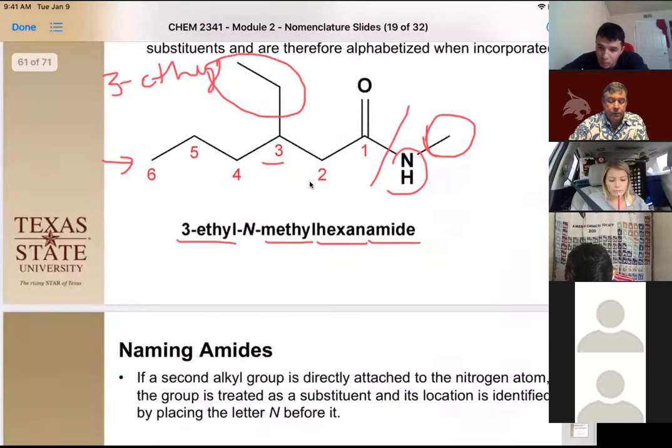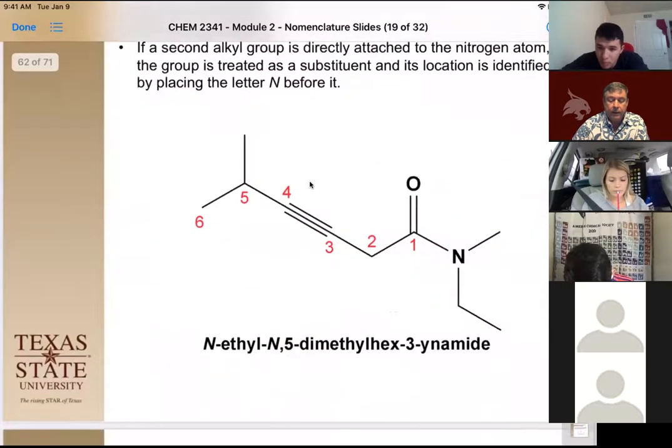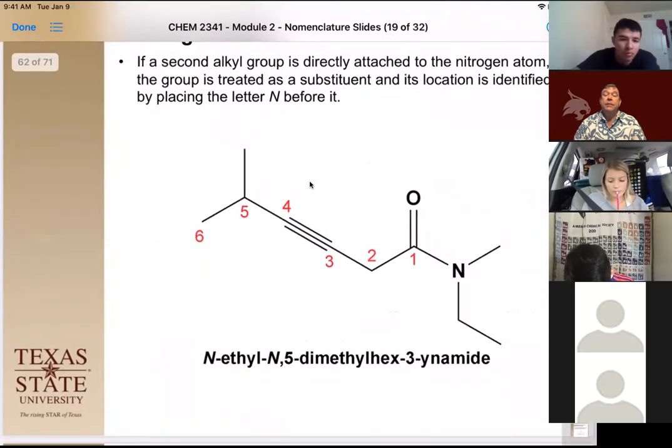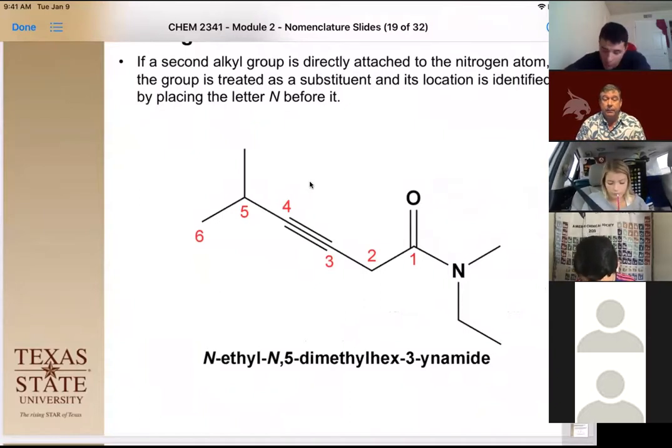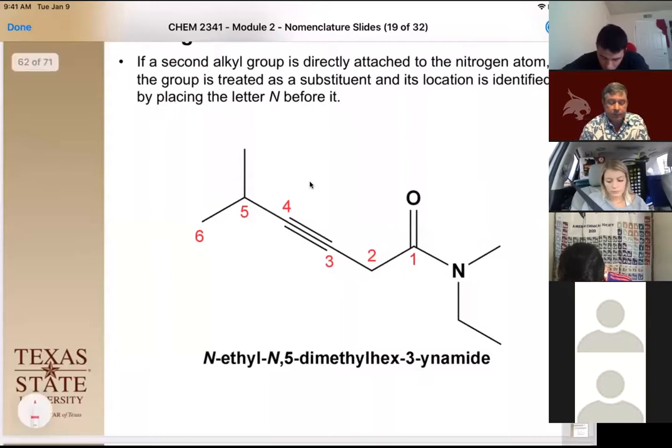So what if you have 2 on there? Well, you have to name both of those. If they're the same group, you can do something like dimethyl. If you have 2 different groups, you have to signify the 2 different groups and show that they're both on nitrogen. So if we break our carbon here, and let's name our carboxylic acid first, 1, 2, 3, 4, 5, 6.